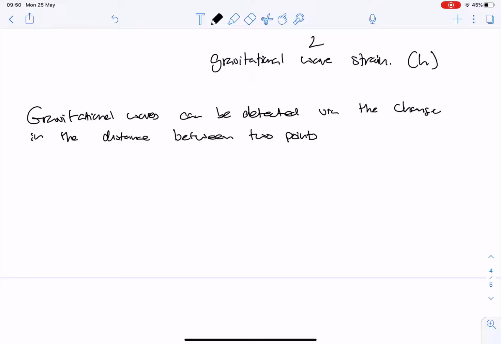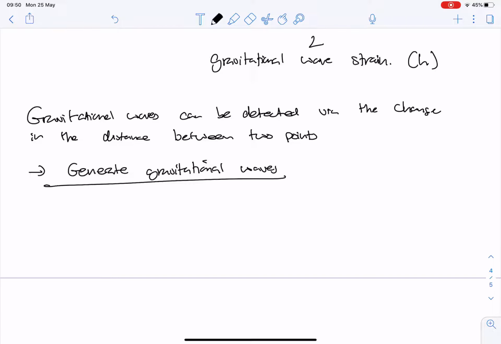But what we now need to show is that you can actually generate gravitational waves which are going to be detectable.